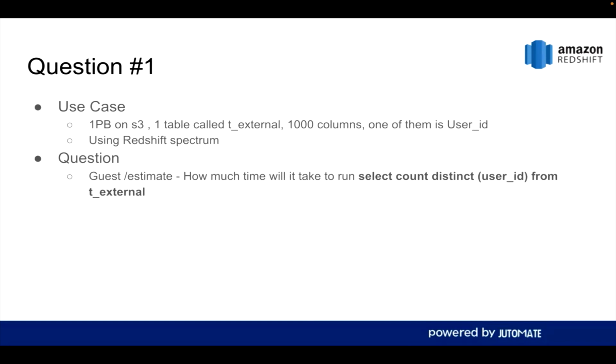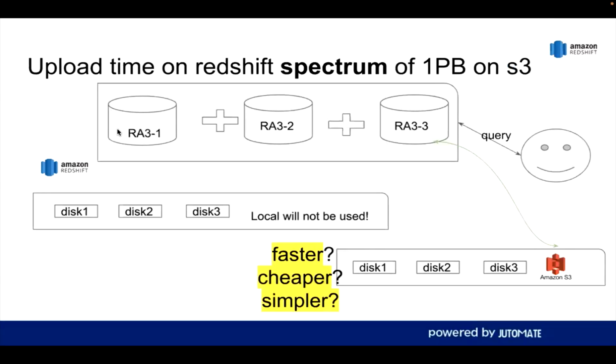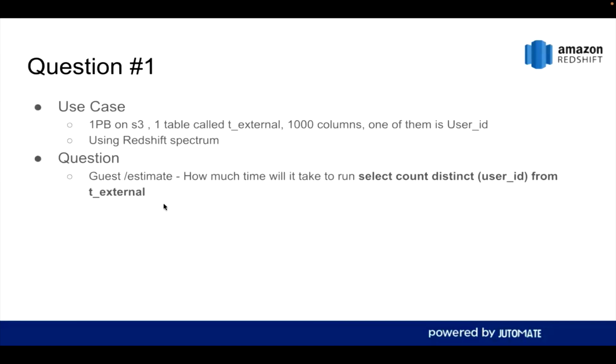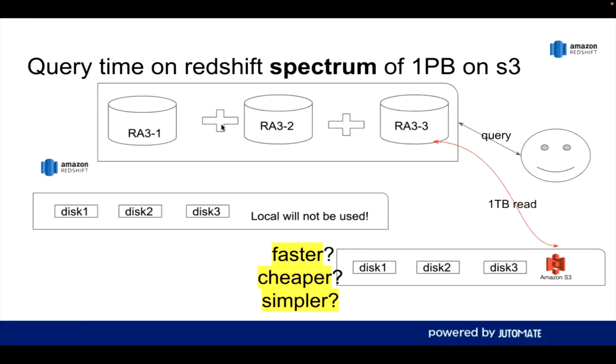Correct? Yeah, a rough estimate might be the same 72 days that you mentioned for the entire petabyte upload. If we take the same network speed and divide by 1,000, since 1,000 columns, that would be the read, but that's probably not very accurate.